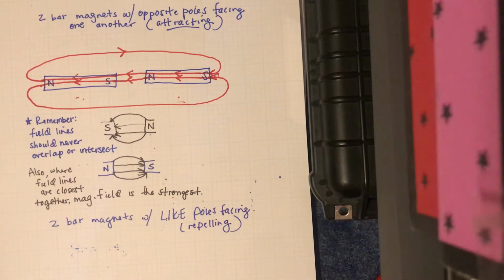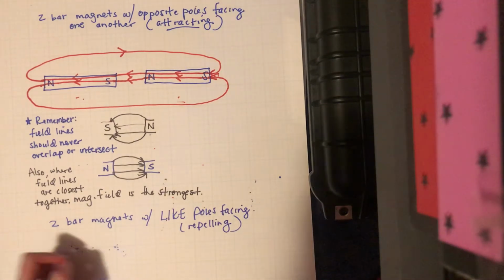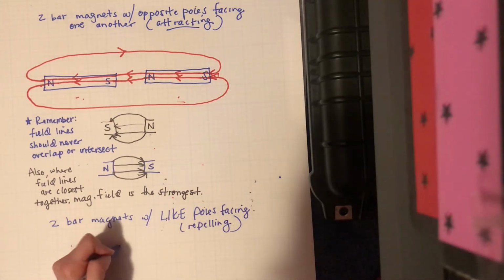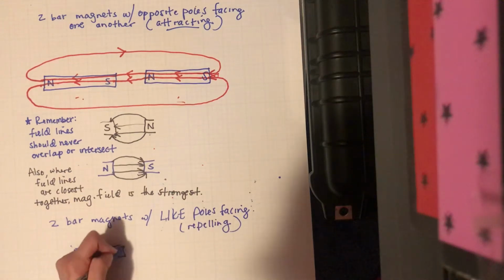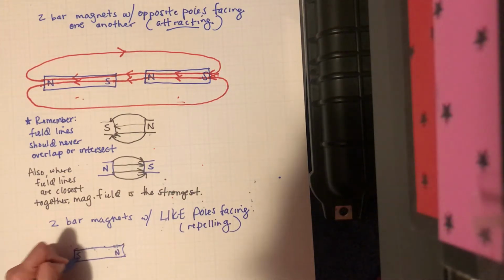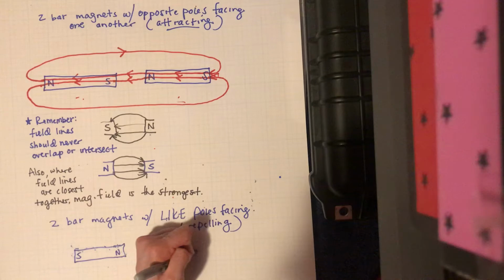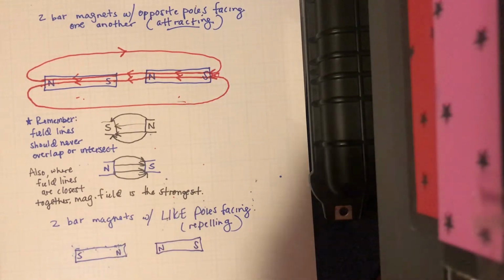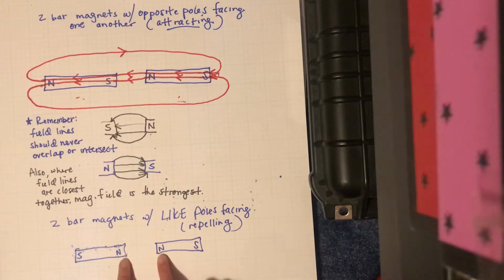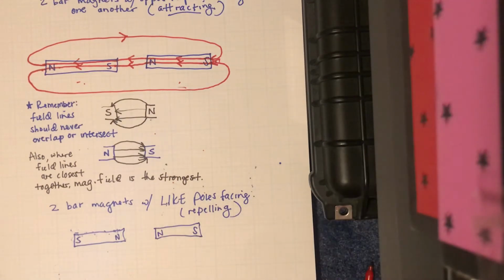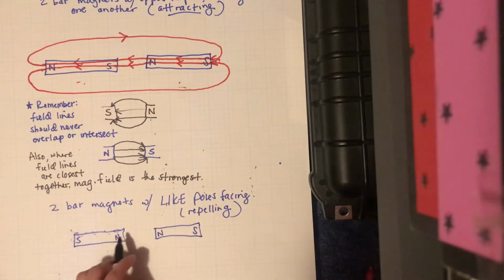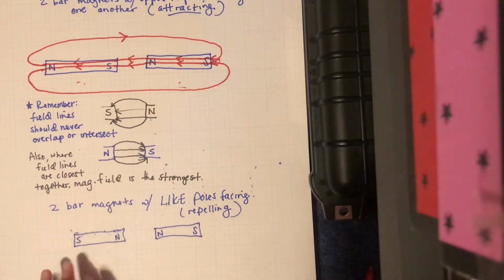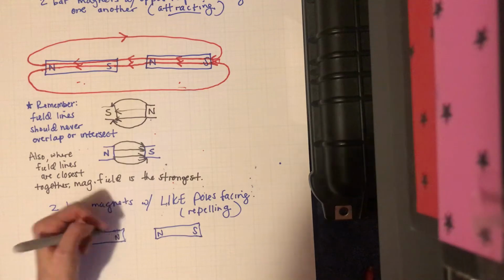So let's just do north and north. So let's go north, south, and same thing, north, south. So now we have two like poles that are facing each other, and we know these are going to repel each other. What this looks like is almost two freely floating bar magnets.